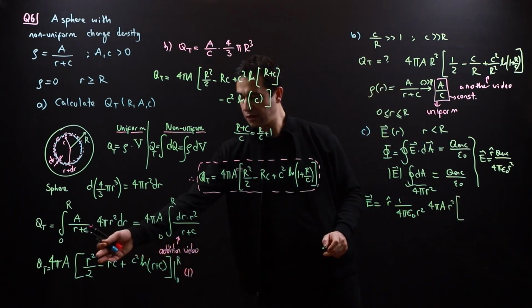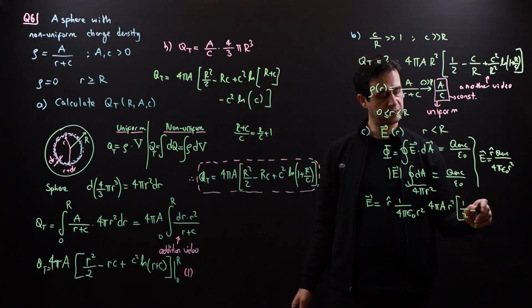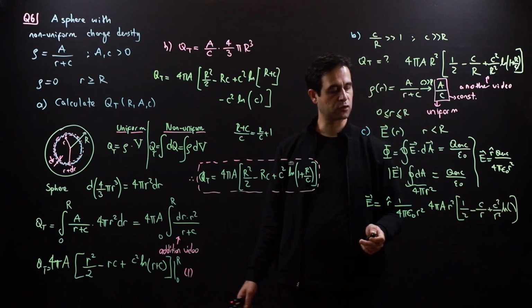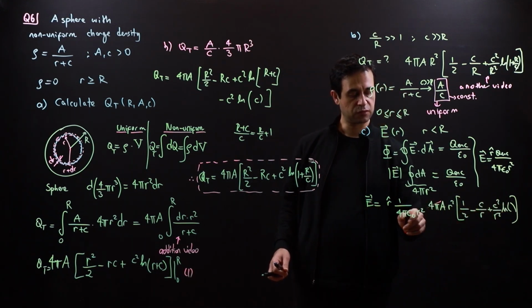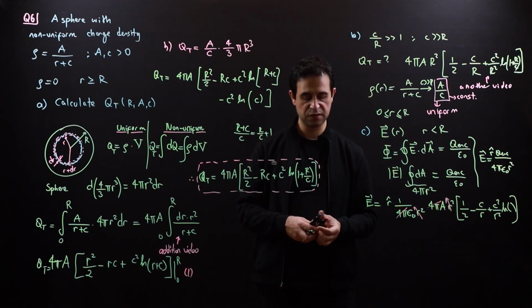And inside, I have now 1 over 2 minus c over r plus c squared over r squared with that logarithm term. I'm going to put the arguments inside the logarithm after I do this cancellation. I get rid of the 4 pi's and r squares. Now it's much simpler, as you can see.